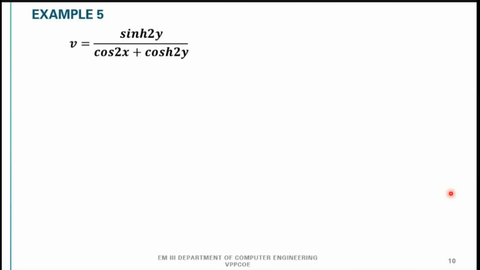Next question, v is equal to sinh 2y upon cos 2x plus cosh 2y.